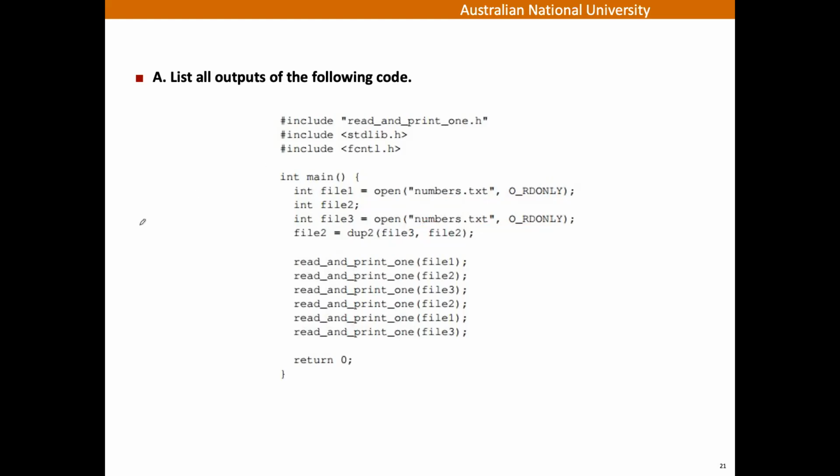Okay, here's the situation. So you have two files. 1 points to one file, 3 points to this file, and after dup2, 2 also points to this file.